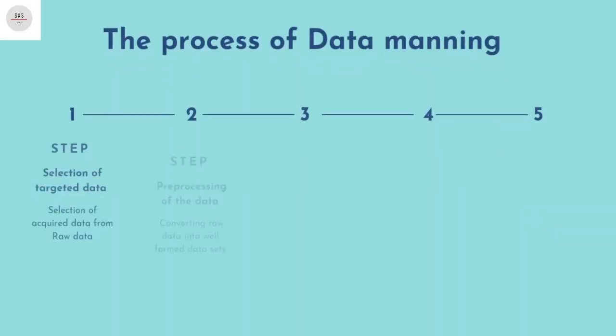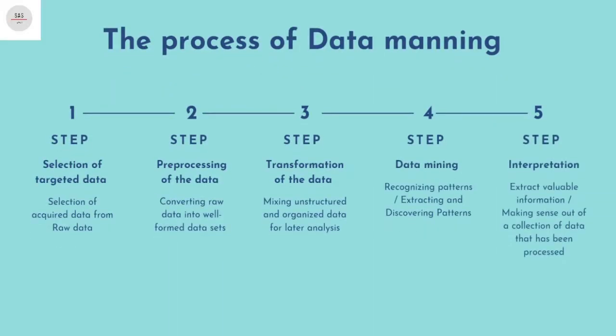The second agenda of our video is to define the process of data mining. The data mining process mainly consists of five steps. The first one is selection of targeted data. Obviously, it is the main and the first step of data mining.